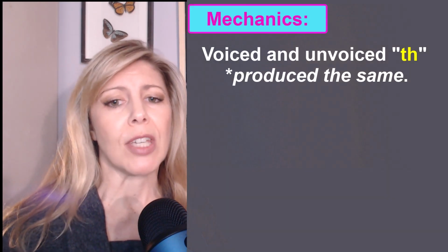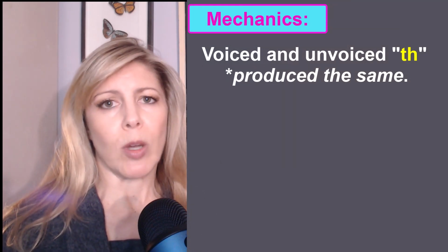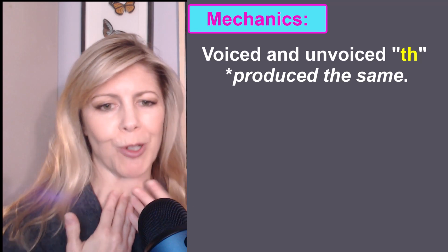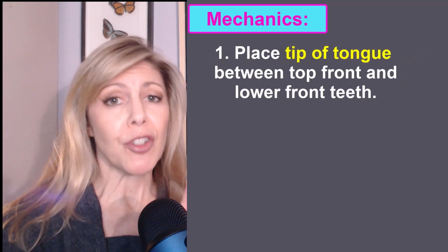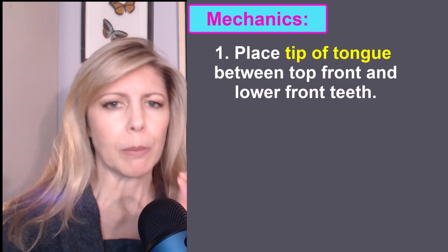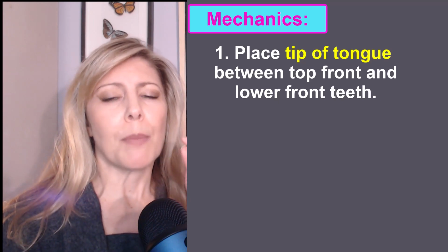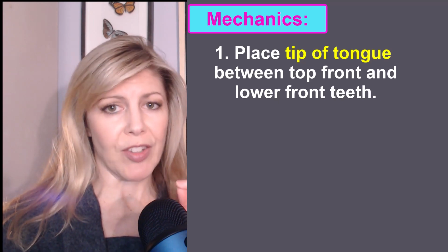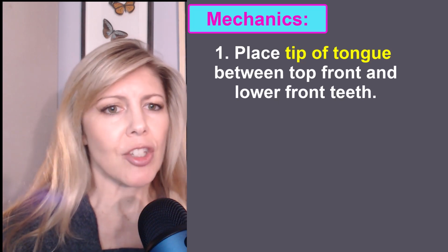So as I said before, the voiced and unvoiced TH is mechanically produced the same. When I say voiced, I mean that's using your vocal cords. All right, so first you're going to take the tip of your tongue, just the very tip. It doesn't have to be a lot, just a little bit. The tip of the tongue, you're going to place it between the top front and lower front teeth, kind of like you're biting the tip of your tongue, just a little bit.